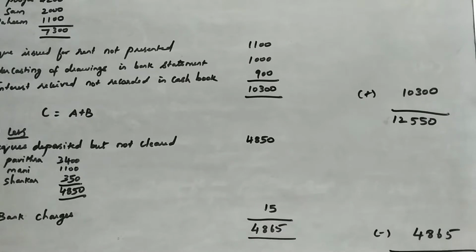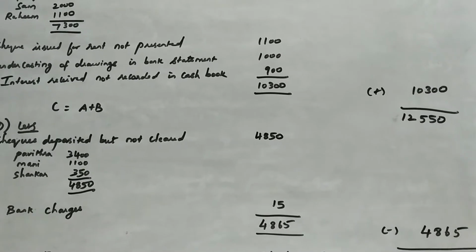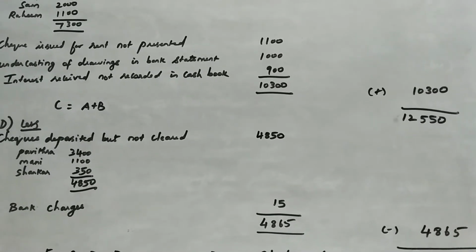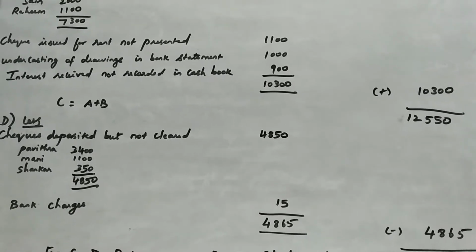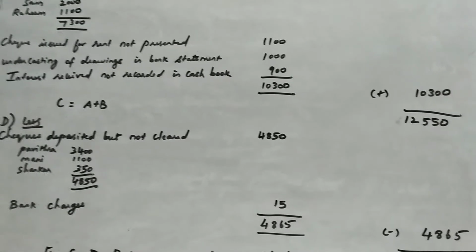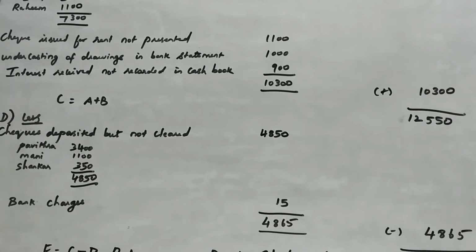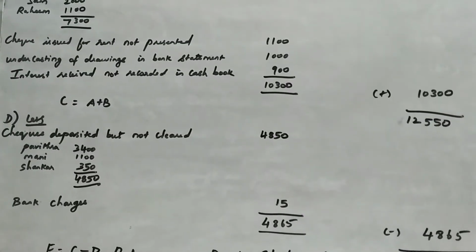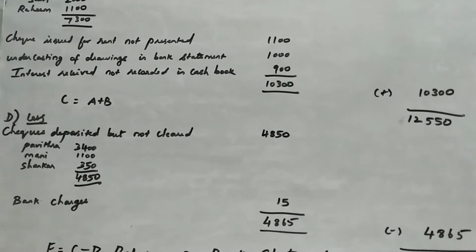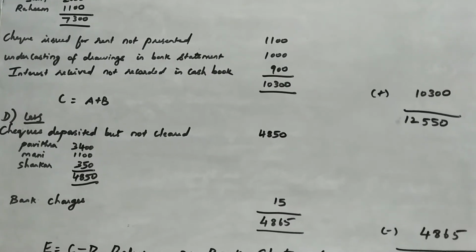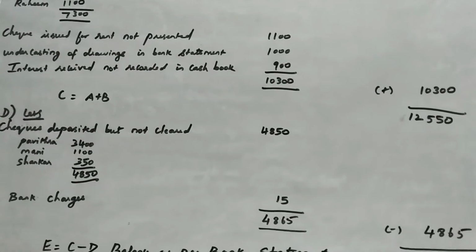The difference of 1,000 is undercasting of drawings in the bank statement. So in this case, our bank balance will be more, but our cash balance is less. What has to be done? The 1,000 rupees difference will be added.